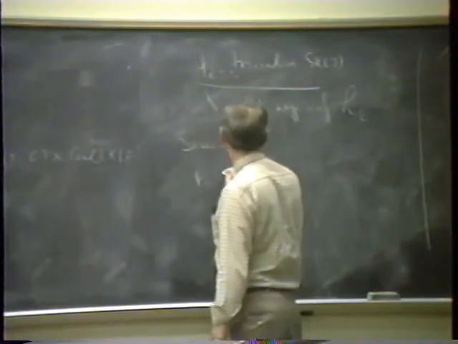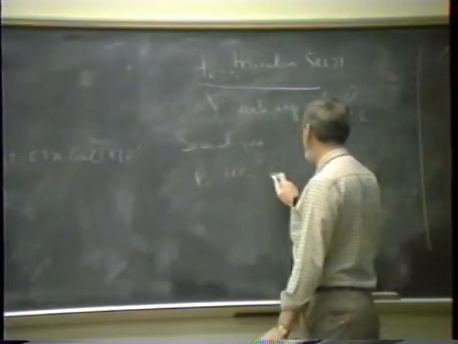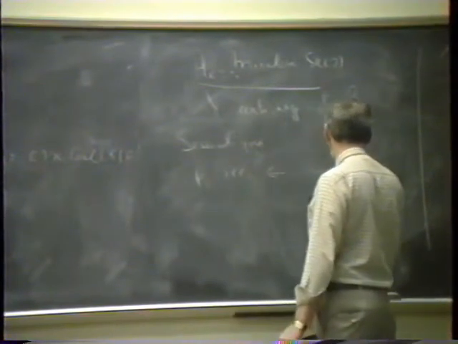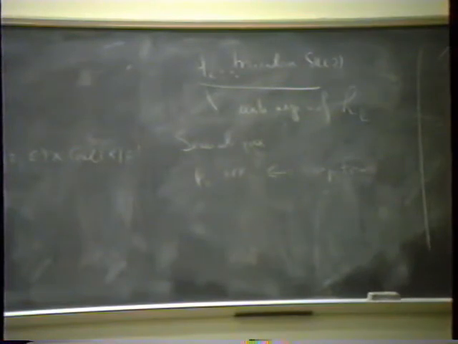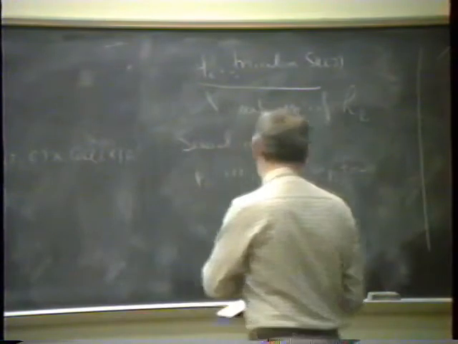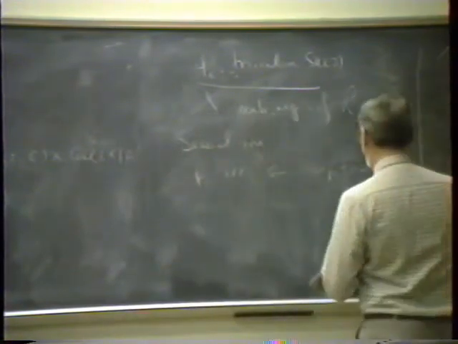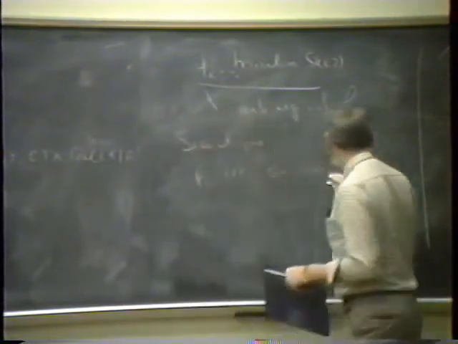C sub E irreducible, and these are just the cusp forms. Now, what I have then, that's the definition of LE.